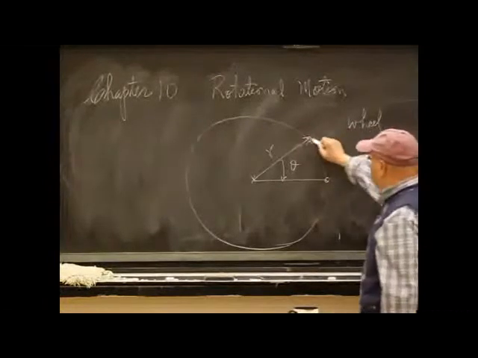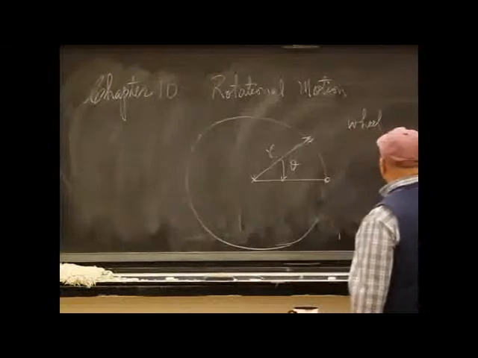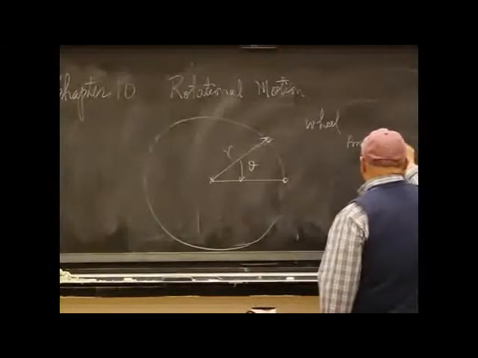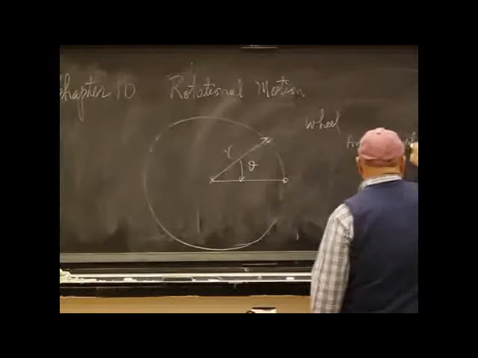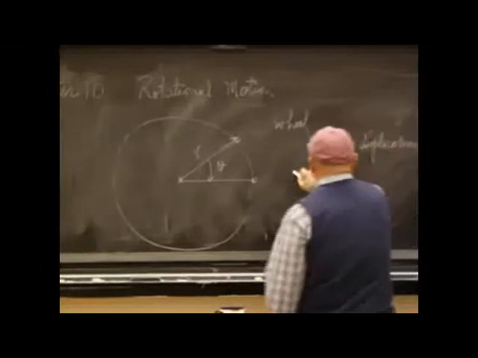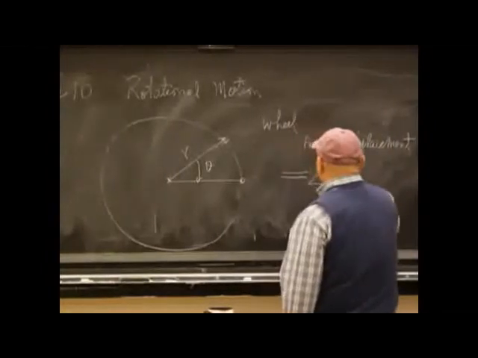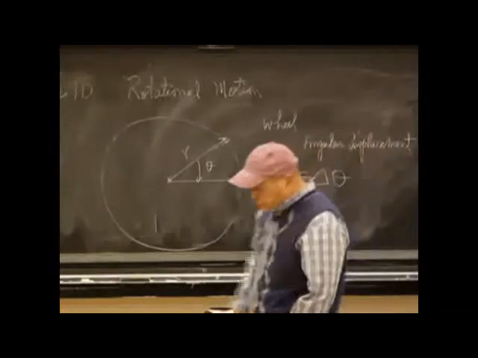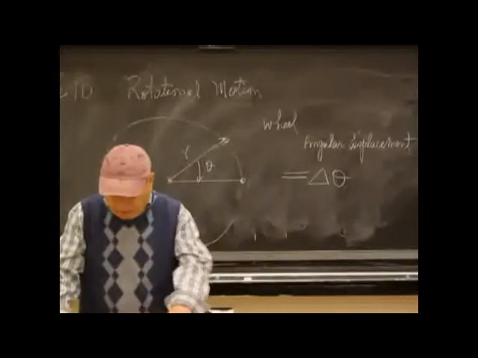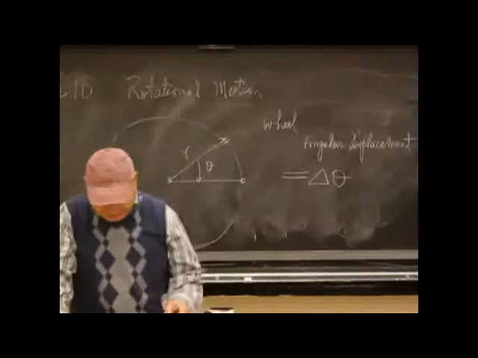So from here to here, we call it angular displacement. That angular displacement is basically delta theta. Delta theta is an angle, or you can just say theta.